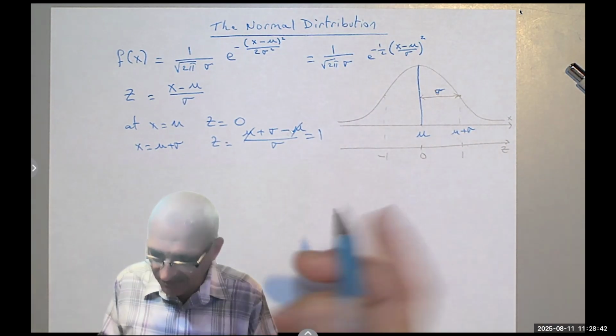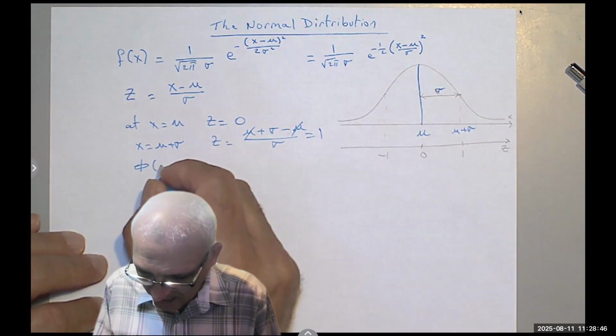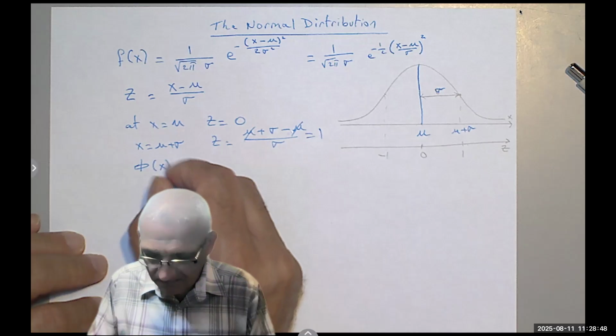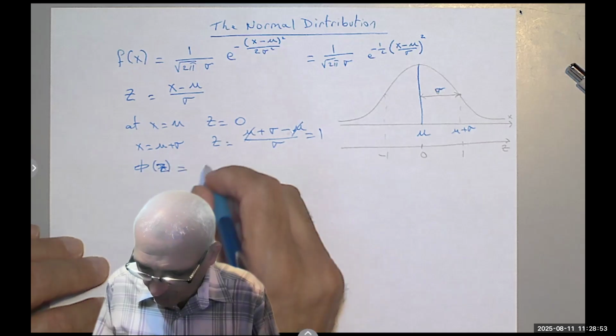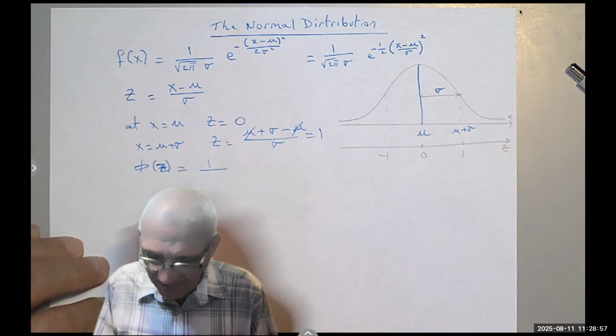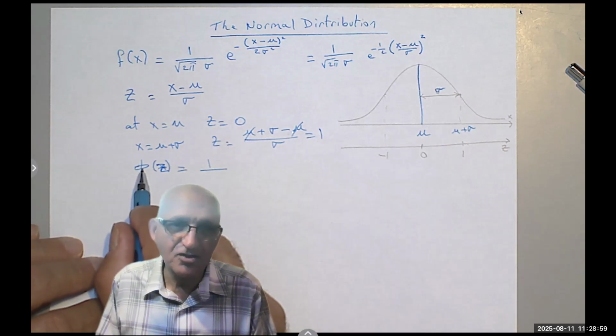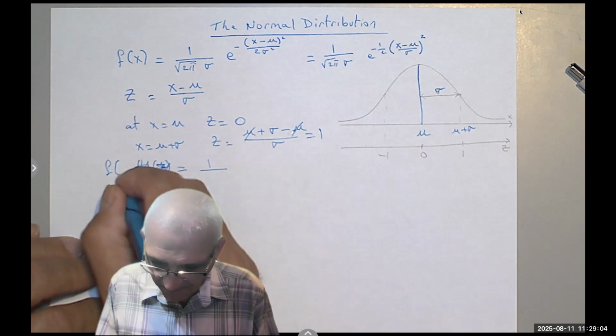Okay? So now when this is the case, and you substitute in the function, so in the cumulative, which we don't know, and take the derivative, at the end of the day, you get f of z equals 1 over the square root of 2 pi, e to the negative 1/2 z squared. I think we usually use phi for the cumulative, so let's say f of z.